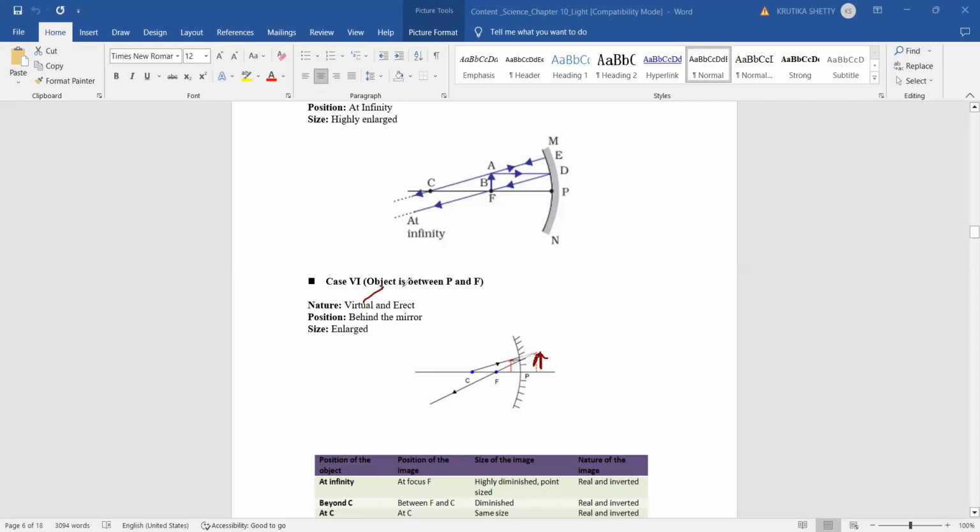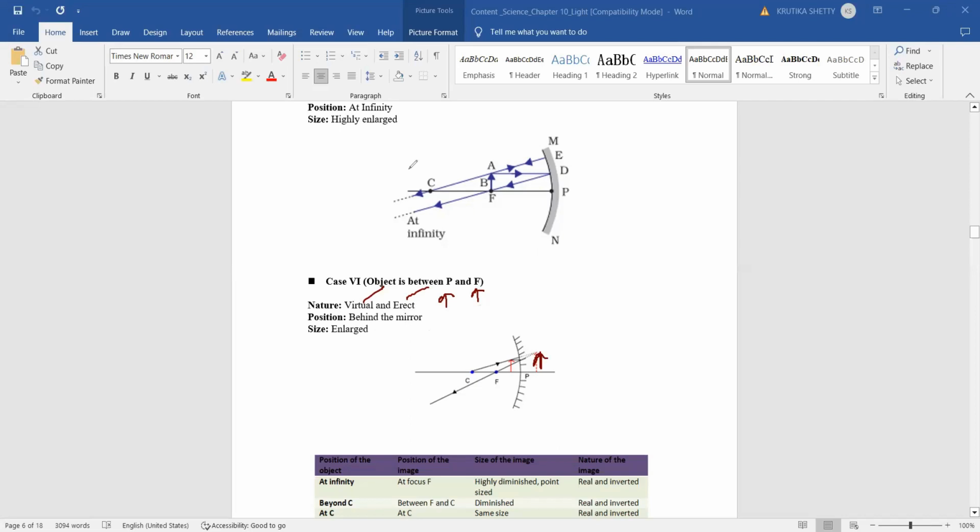It is erect. Then the size is enlarged one. Whatever size of object you take, the image will be a little more than that. Yes. So this is the sixth case.